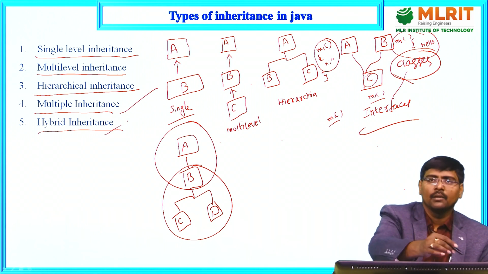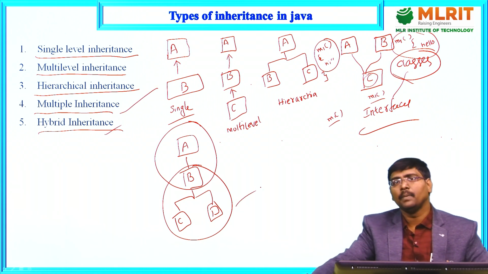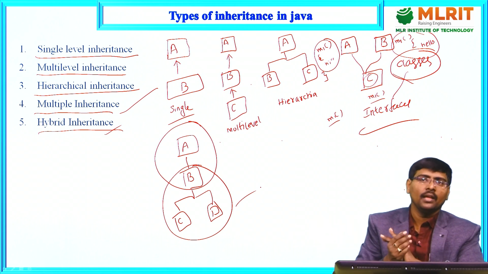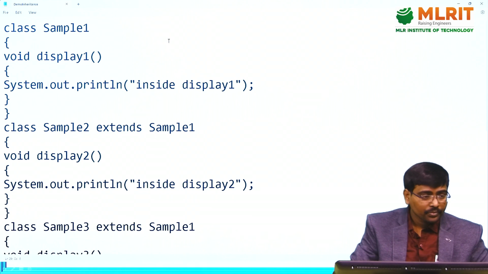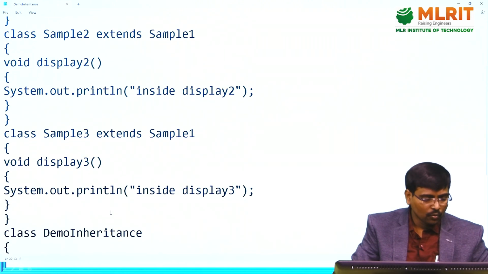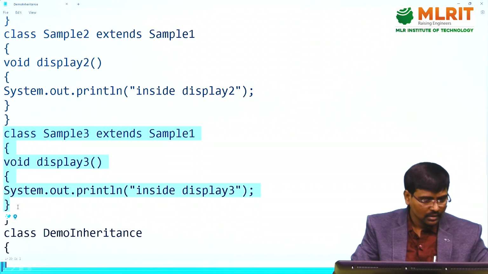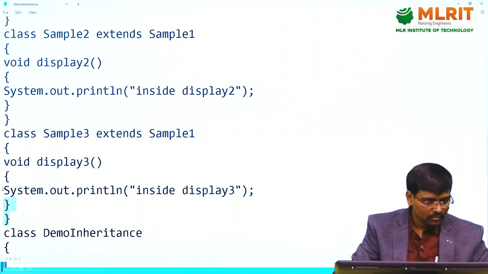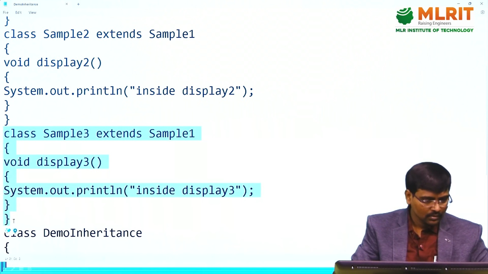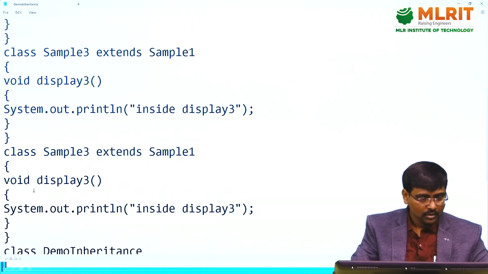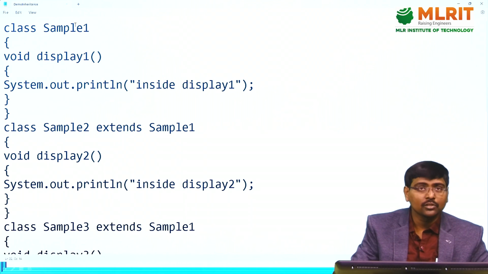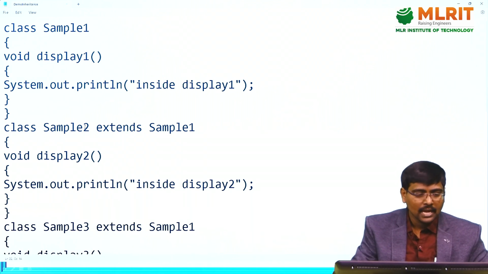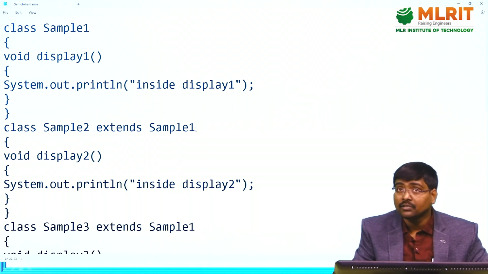Hybrid means you can combine any two of the previous types; that is called hybrid inheritance. For example, write one more class here, sample4. First assume sample1. Sample2 is the child of sample1.